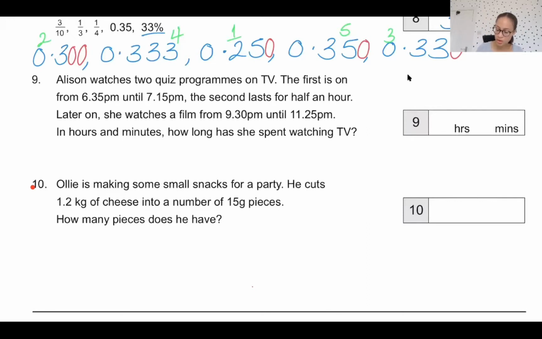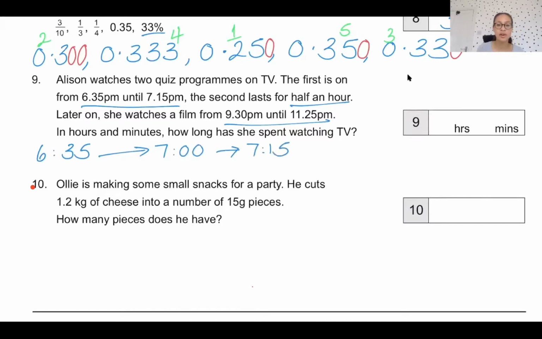So, first one, we've got 6:35 until 7:15, then we've got half an hour, and then we've got 9:30 until 11:25. Just underline those so I know what I'm looking at. 6:35 till 7:15. The easiest way to do this, I'd say, would be to figure out how many minutes it is to 7 p.m. and then how many minutes to 7:15, and add those together.